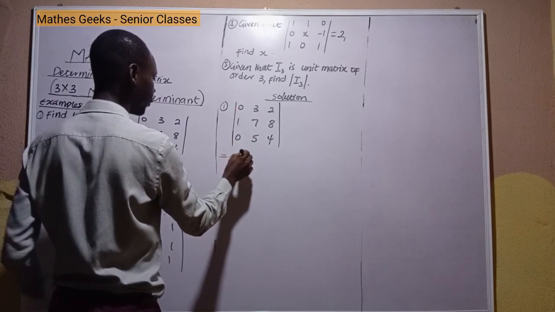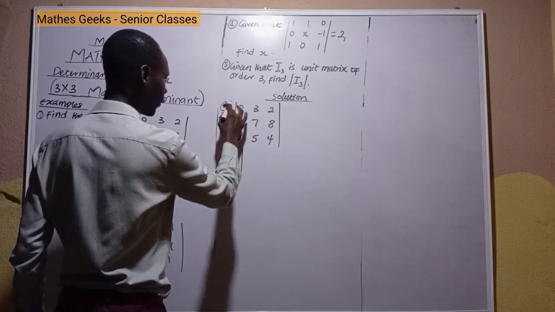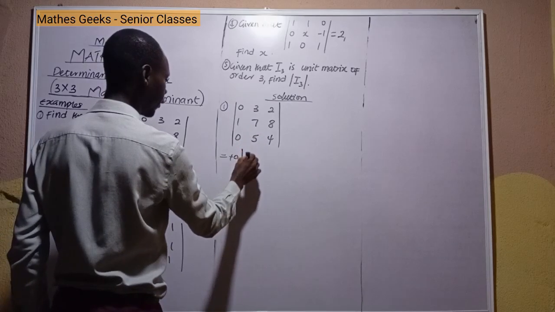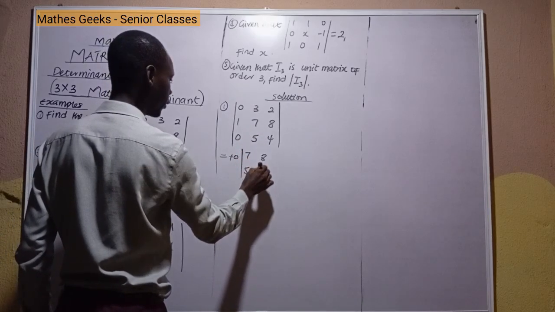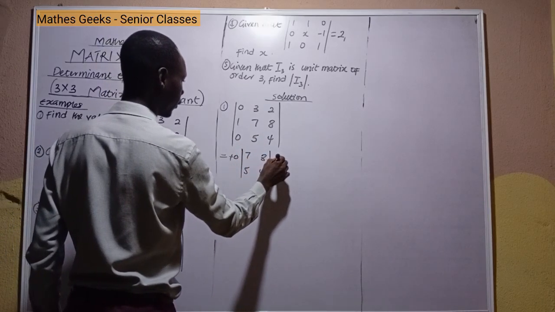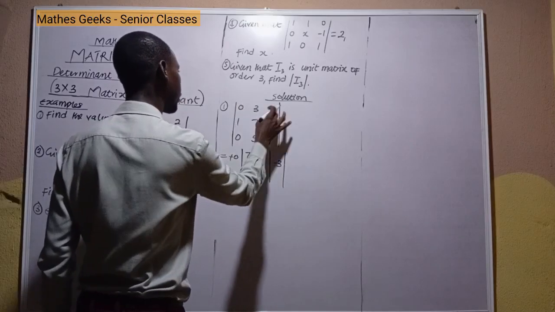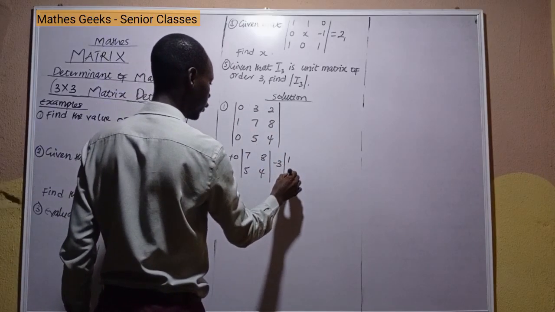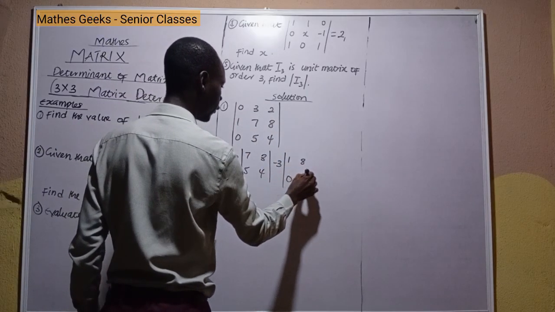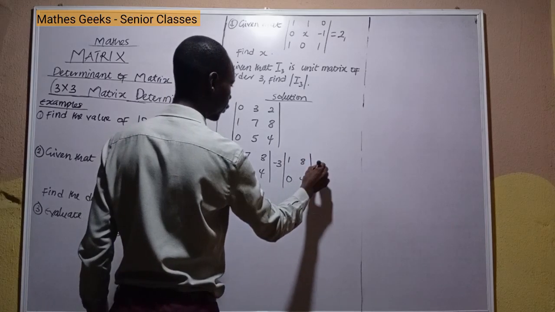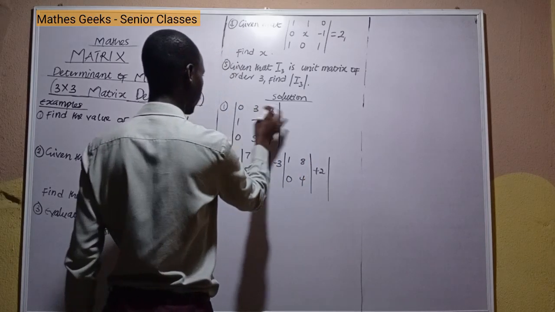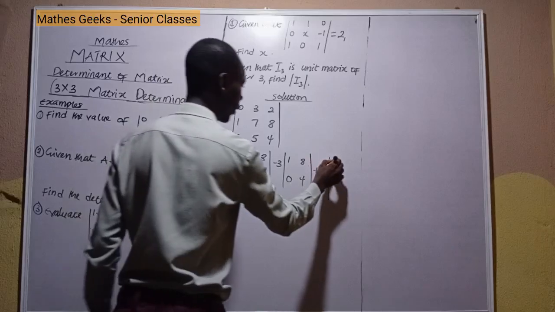Plus 0 times the determinant of what remains if you eliminate this part. Minus 3 times the determinant of 1, 0, 8, 4. Plus 2 times the determinant of 1, 0, 7, 5.